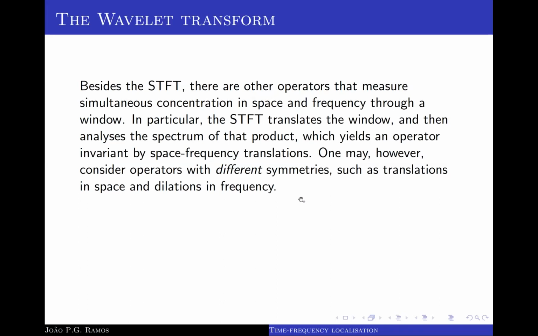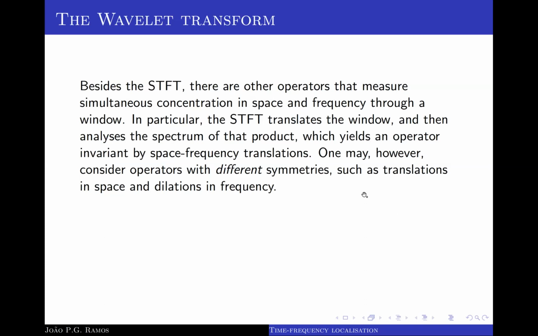But then, instead of taking a look at the real line with translations and on the Fourier side translations again, let's suppose that I want to keep translations on space as a symmetry, and then dilations on the frequency as another symmetry.